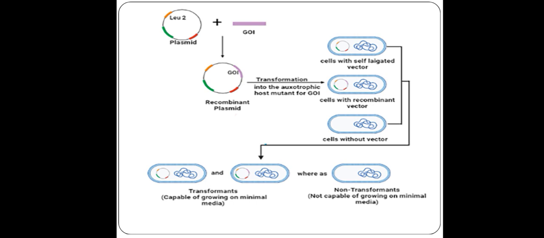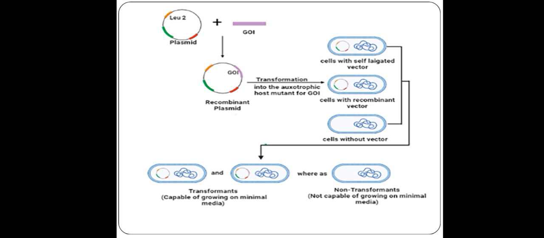The fifth step is selection. The cells are grown on minimal media. Minimal media selects between transformants and non-transformants. What are transformants? Cells that have taken up the plasmid, either with or without the gene of interest, are capable of growing on the minimal media because the plasmid provides the necessary genes like LEU2.